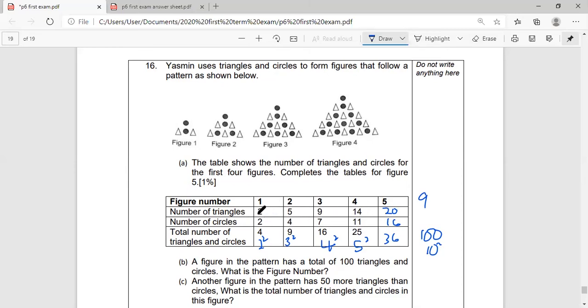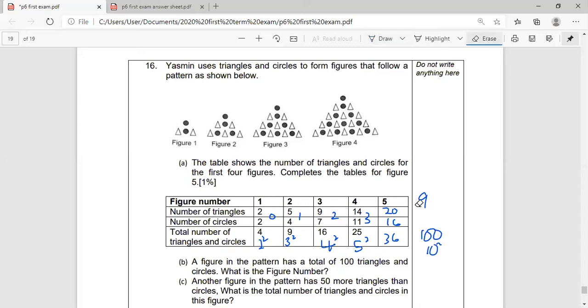First one, the difference is 0. Second figure, the difference is 1. Third, the difference is 2. 9 minus 7 is 2. 14 minus 11 is 3. So you can see the pattern: the difference is increasing by 1 from figure 1 onward.